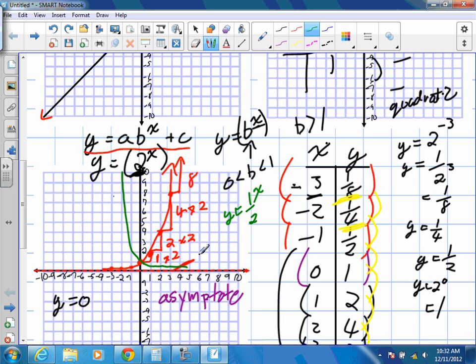The y-intercept is identical. It still goes through the value of 1. Okay? But it's going to be coming down from the left side towards the asymptote on the right. Okay? So that's when our value of b is less than 1 but greater than 0. So in other words, between 0 and 1. When we're greater than 1, we grow. And when we're less than 1, it shrinks. Okay?